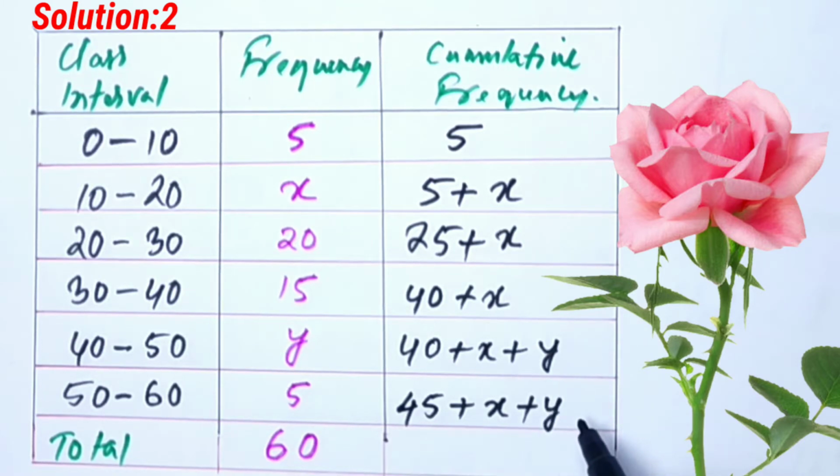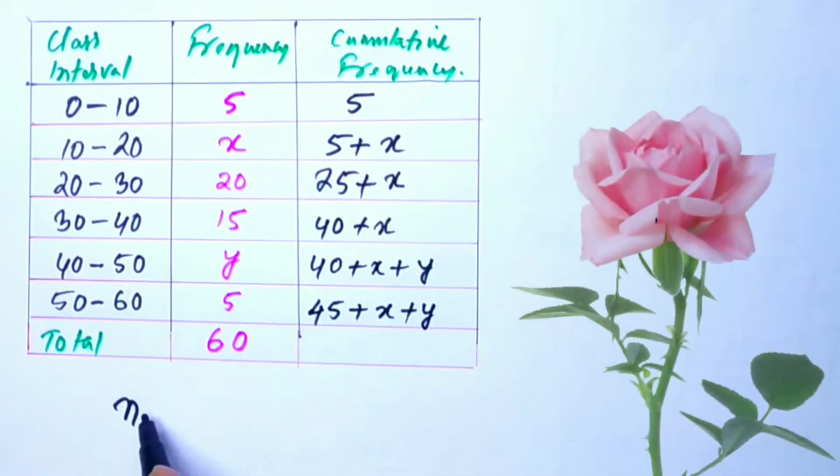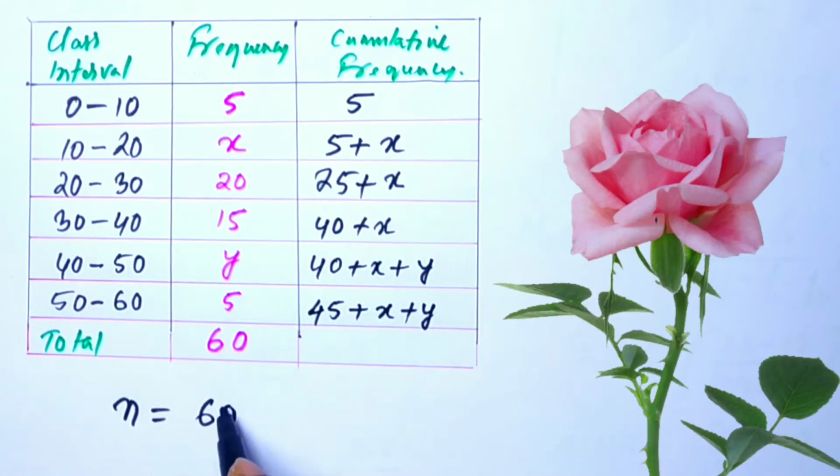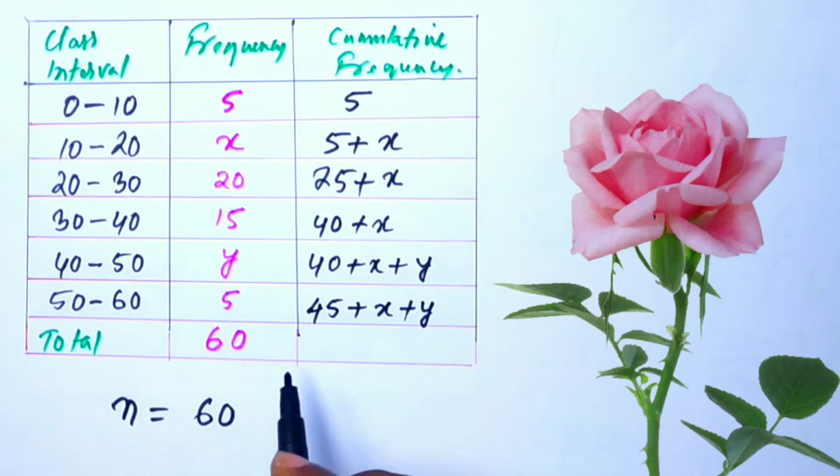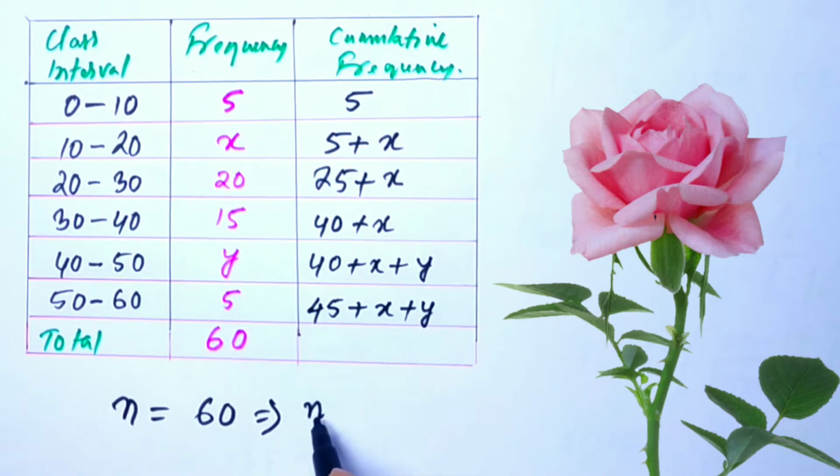So from this table it is observed that n is equal to 60, so we find n by 2, which is 60 by 2, which is 30.